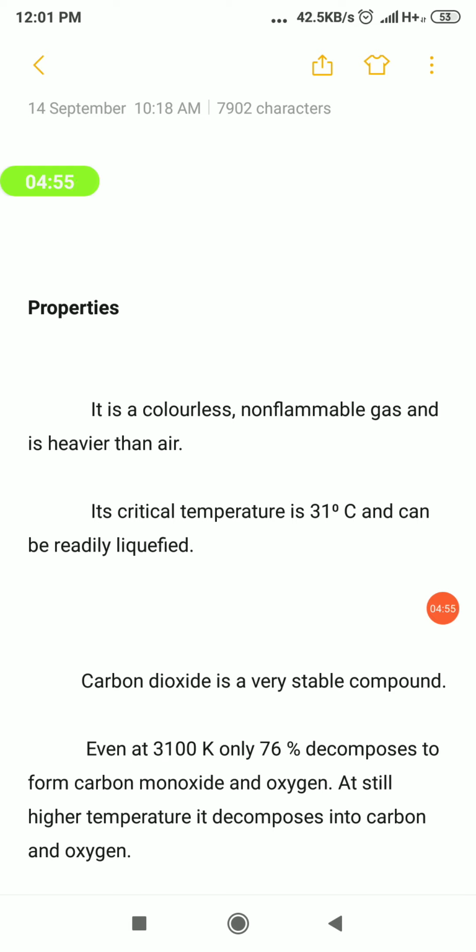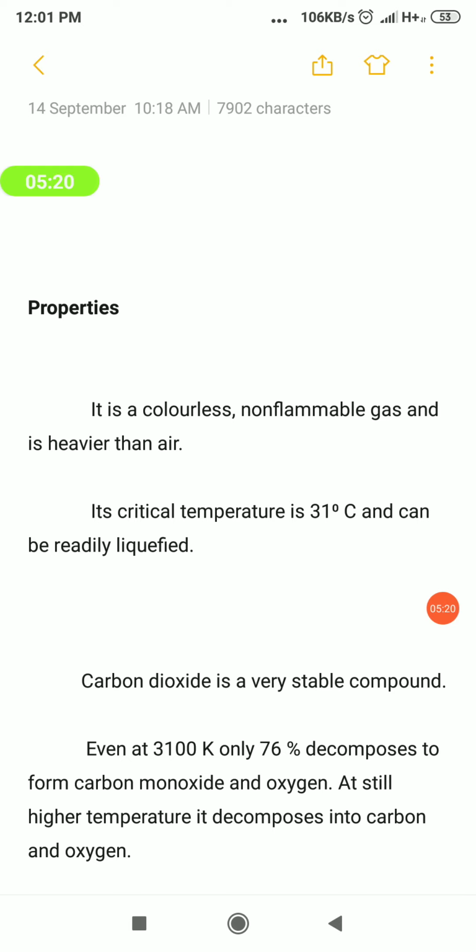And it is a very, very stable compound. Stable means it will not be affected easily by the environment. Even at 3100 Kelvin, only 76% will be decomposed to carbon monoxide and oxygen. Only beyond 3100 Kelvin will there be a complete separation of carbon and oxygen from the carbon dioxide molecule.